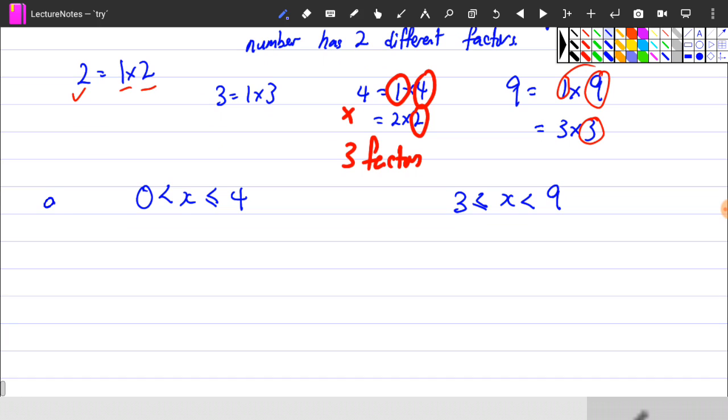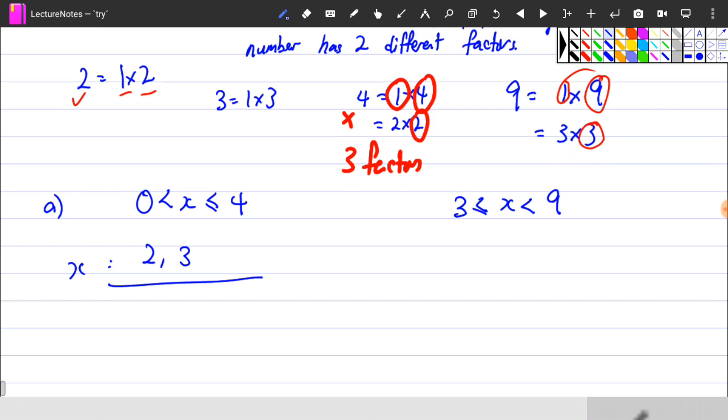Yanti, what is the first answer? 2, 3, nothing. Raj, what's the second answer? 5. Then, so 9 is prime number, right? 7. Can you answer him? Is 1 a prime number? 5 lah.